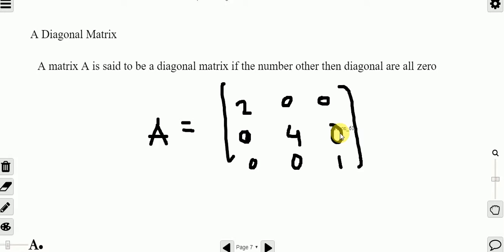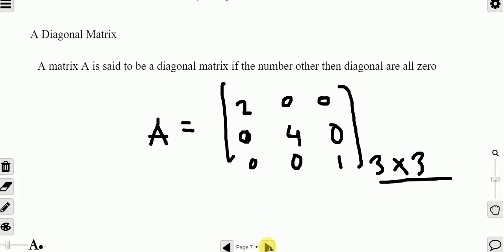For a diagonal matrix, all the non-diagonal elements are 0, but the elements on the diagonal are non-zero. Hence, this is an example of a diagonal matrix. Also, what is the order of this matrix? Number of rows: 1, 2, 3, so 3. Number of columns are again 3. So the order of this particular matrix is 3 cross 3.